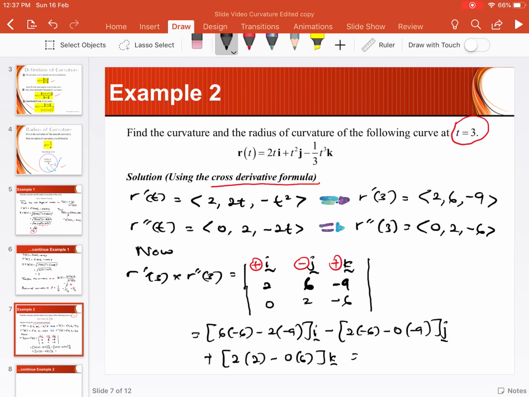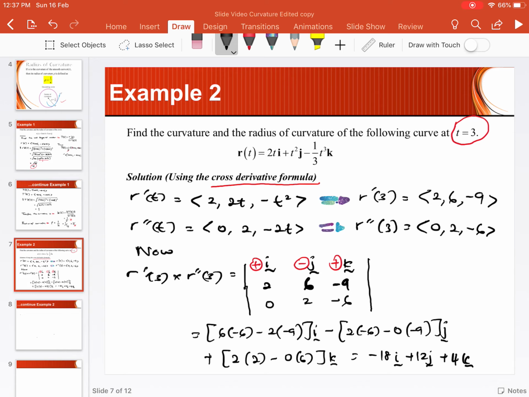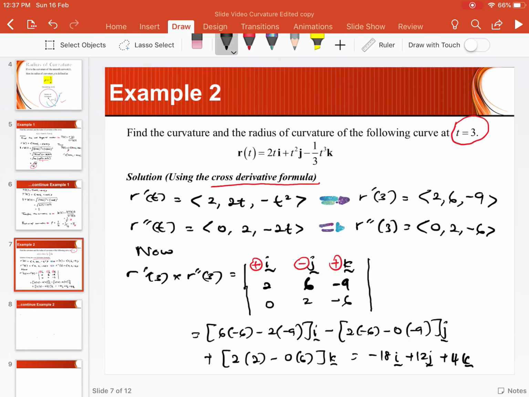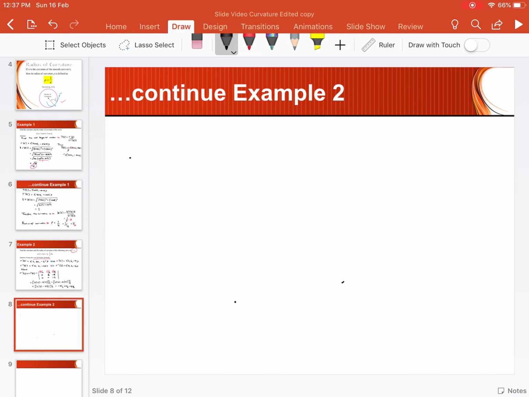Equals to negative 18i, and then we have minus, so it becomes plus 12j, and then we have plus 2 times 2, plus 4k. Right, so I rewrite this again here.